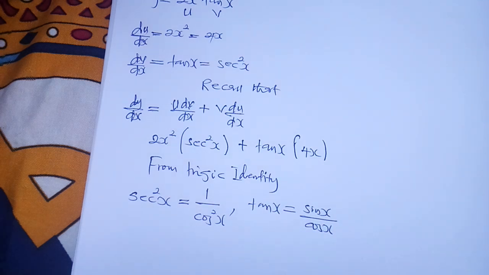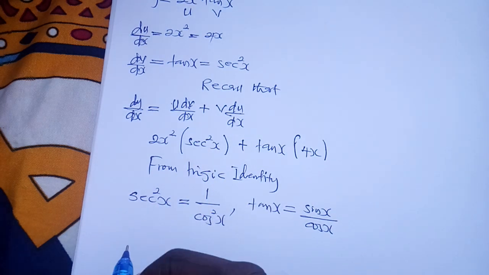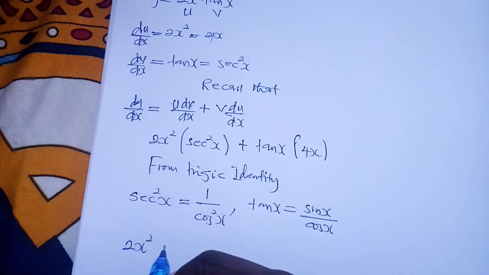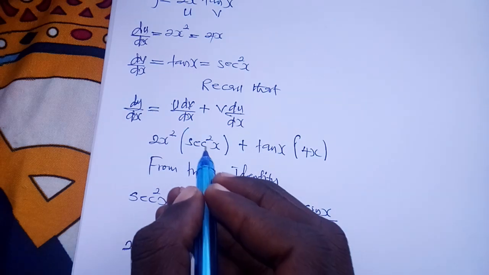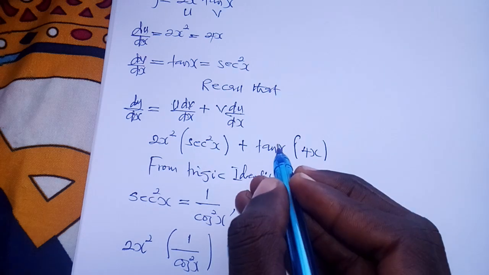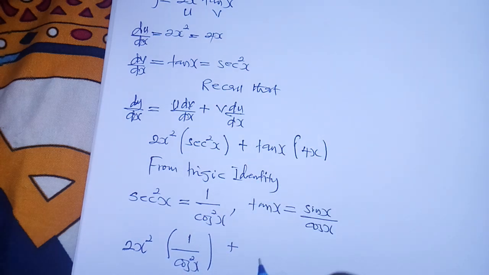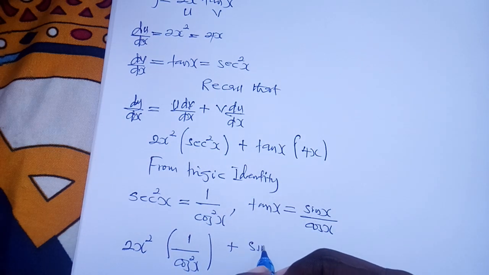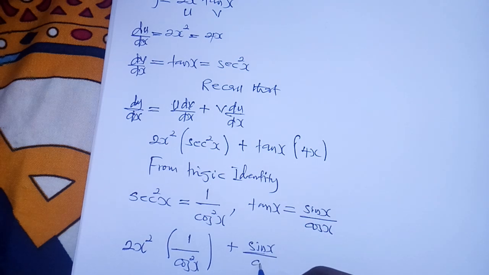After which we substitute now. Instead of sec square x, we replace it with this one. Now we have 2x square into, instead of sec square, 1 upon cos square x, plus, instead of tan, we already simplified it as sin x upon cos x into 4x.